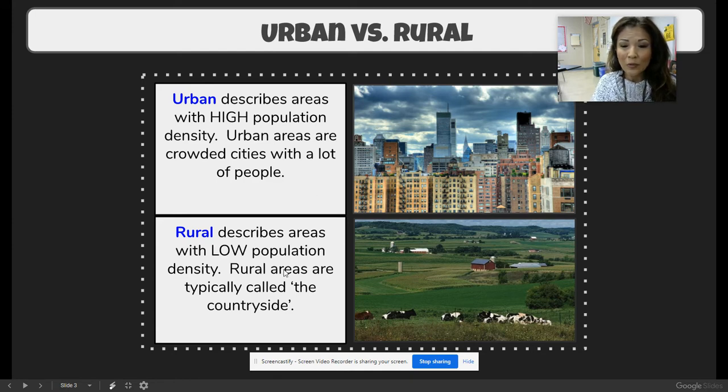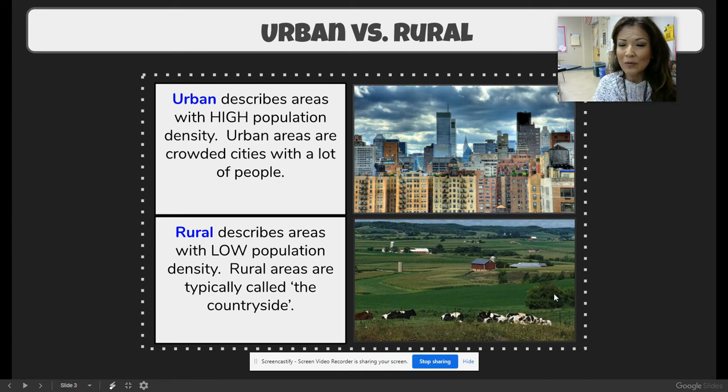Then we have the rural area. Originally, Helotes, Texas was considered a rural area. It was low population. I can recall when I first would come to Helotes when I was a little girl, it looked exactly like this picture. Green everywhere. Cows and horses and chickens and roosters and pigs everywhere.